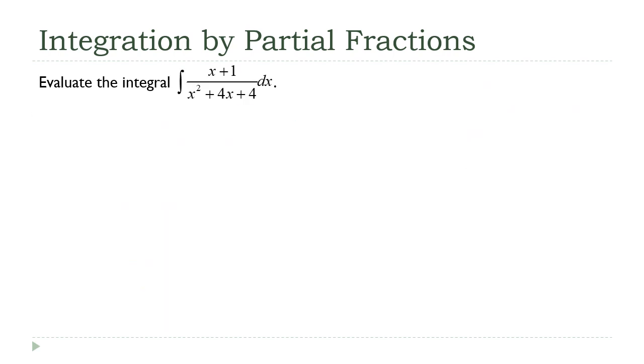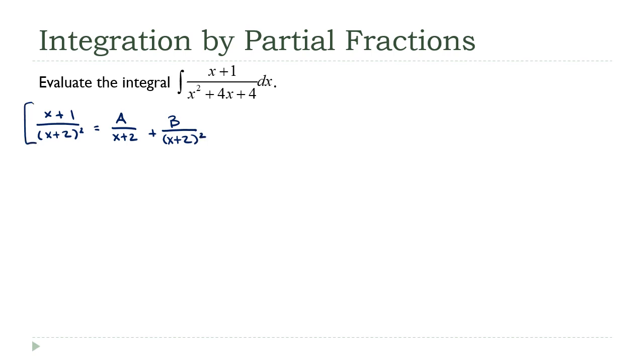All right, so let's take a look at this one. This one is a little more interesting, but again, what makes this interesting is just the partial fractions part, not so much the integration part. So if I take a look at this expression and factor the denominator, this is (x plus 1) over (x plus 2) squared. Remember how we do this: this is going to equal A over (x plus 2) plus B over (x plus 2) squared.